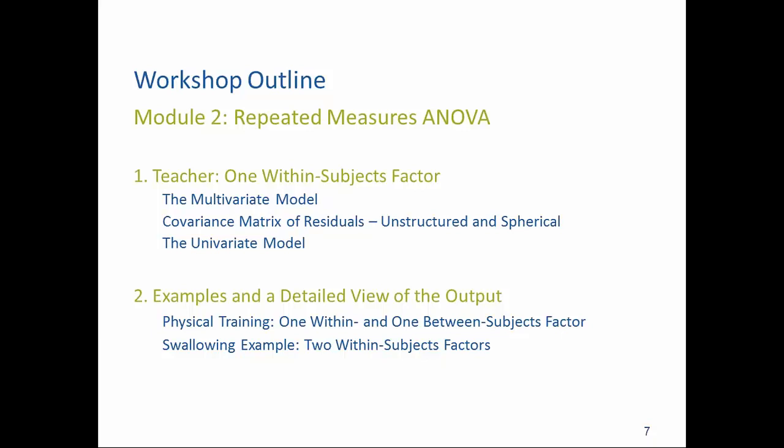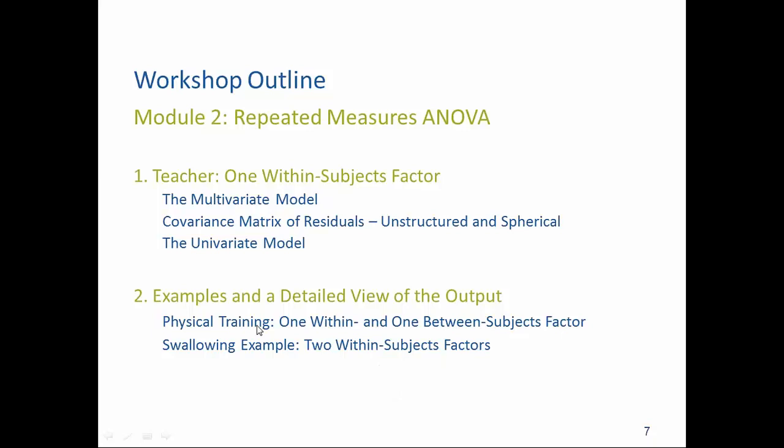So I want to really dig into certain things that get glossed over, like covariance matrices of residuals, covariance structures. You never hear about that in repeated measures ANOVA, but it exists. And we'll talk about things that get glossed over a lot, like sphericity. What the heck is sphericity? So we'll go through both the multivariate and the univariate approach to this, and then we'll see how this same model is approached in 2 completely different data sets.